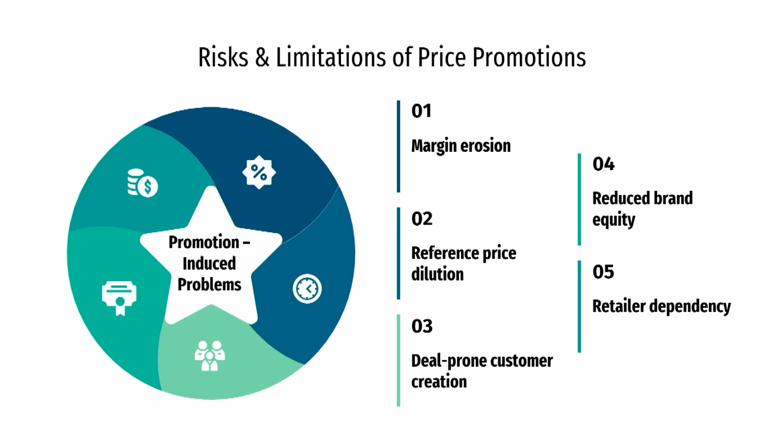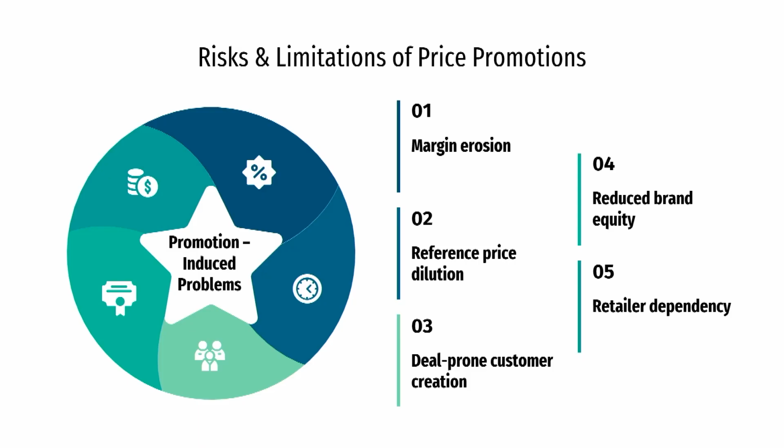Then reduced brand equity. As we cited in multiple instances, price is an indicator of the quality of the product. Price is an indicator of the brand. So if a particular brand keeps extending discounts repeatedly, then there will be dilution on the part of the brand.